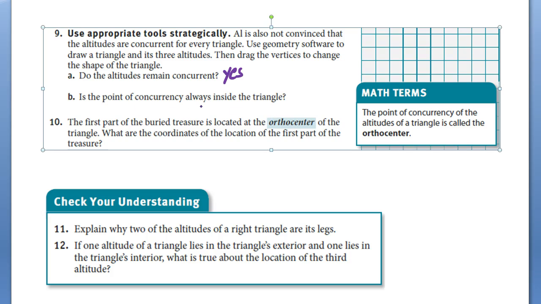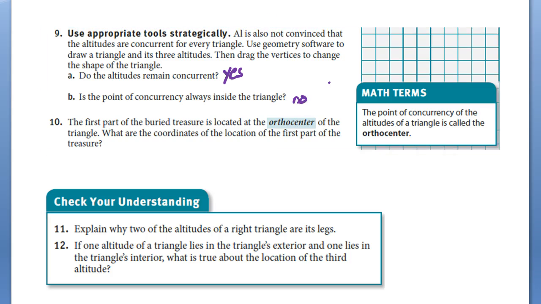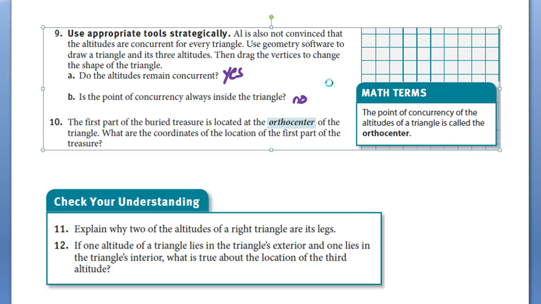And is the point of concurrency always inside the triangle? We would find out that the answer is no. Sometimes the three altitudes intersect each other at a point on the triangle or maybe even outside of the triangle.